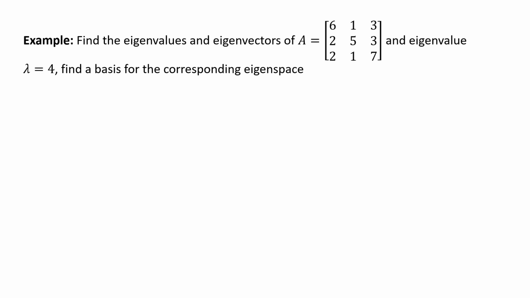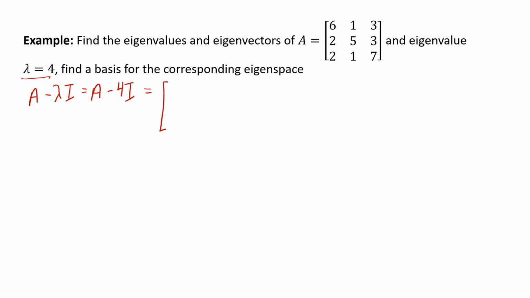So for example, we want to find the eigenvalues and eigenvectors of this matrix. And in fact, I've given an eigenvalue. So we're just going to find the eigenspace for that eigenvalue. To find that, we first find our matrix A minus lambda I, or in this case, A minus 4I.